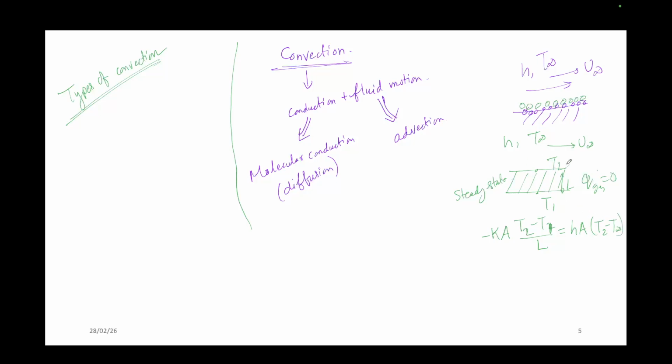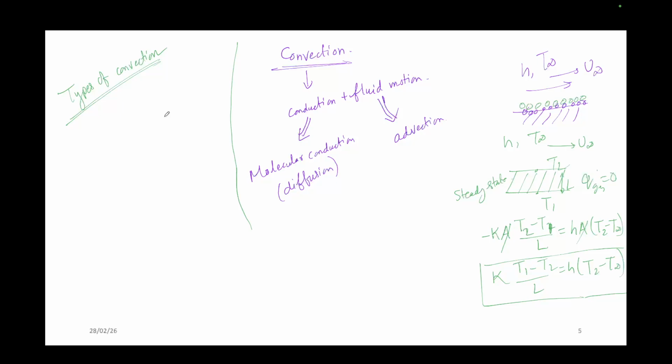Let us assume that T2 is greater than T infinity. If the area is the same, this is K (T1 minus T2) by L equal to H (T2 minus T infinity). This is something you have studied earlier, and a similar concept you need to apply to solve numerical problems.